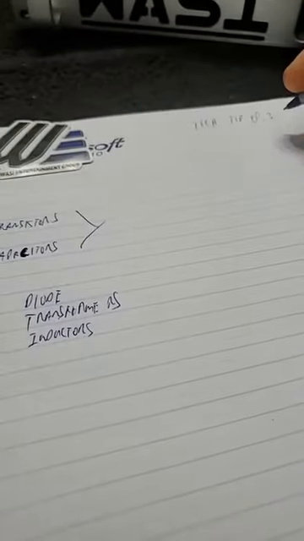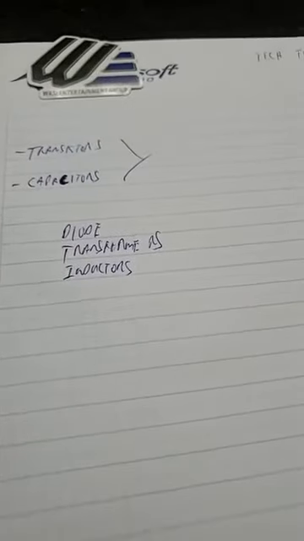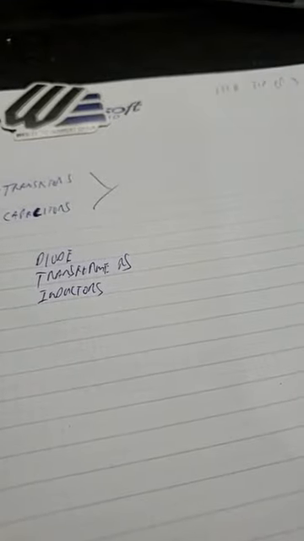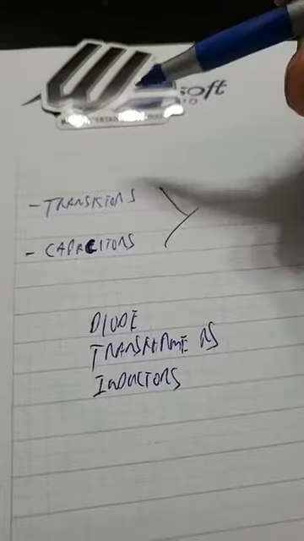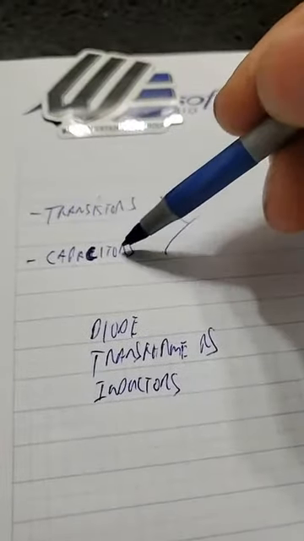You have inductors. There's a couple other things. You got optical isolators. There's a whole lot of other things that are inside of a circuit that comprises an amplifier. But a lot of that is, I'm not going to say it's not important, but the most critical and what we're going to be talking about today is the transistors and the capacitors. Those are critical.